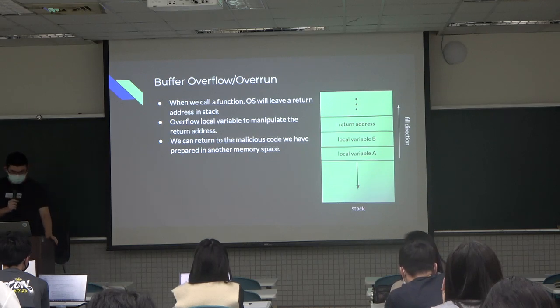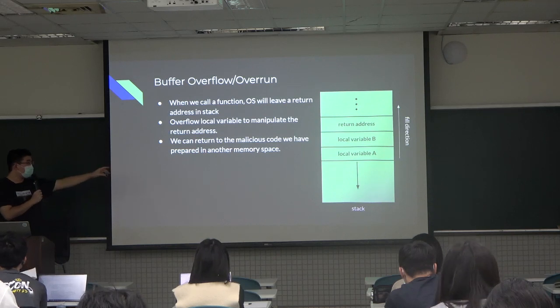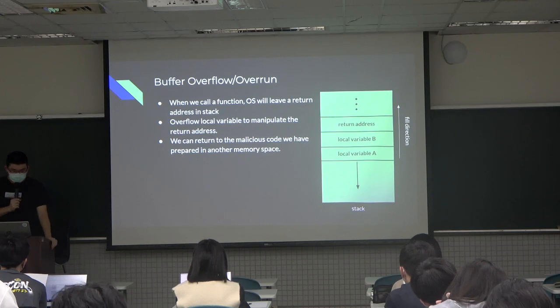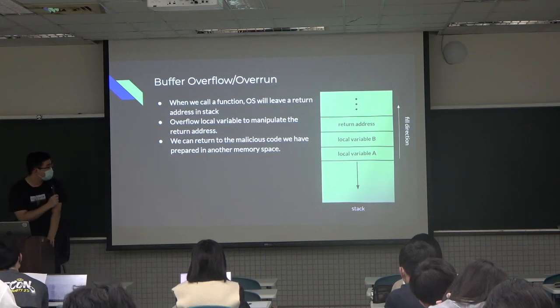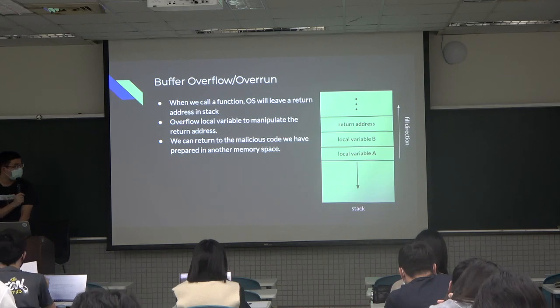And then the operating system will put the local variables we will later use in the function in the stack also. So at this time, we can overflow the local variable, like local variable B, to affect the return address to control our flow into whatever we want.